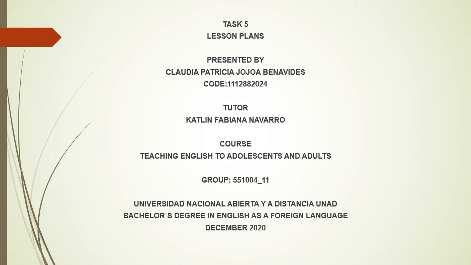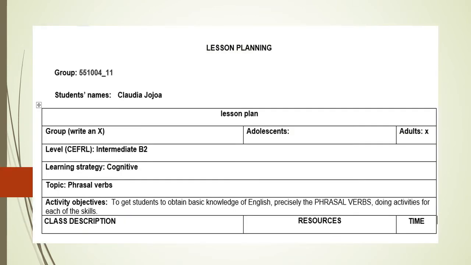Now I'm going to show my lesson plans for task 5. This is the lesson planning for the group of adults. The level for this lesson is intermediate B1. The learning strategy is cognitive.